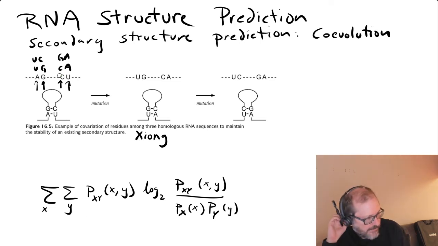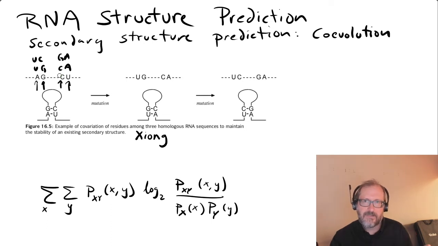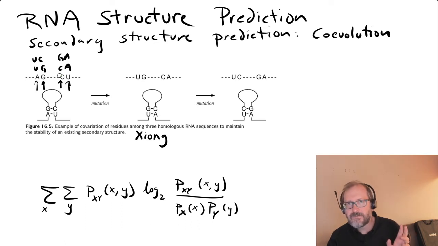And mutual information basically just tells you how much one variable knows about another variable, right? So if your residue at position 1 knows in some sense about the residue at position 4 or vice versa, then you say that they have mutual information.